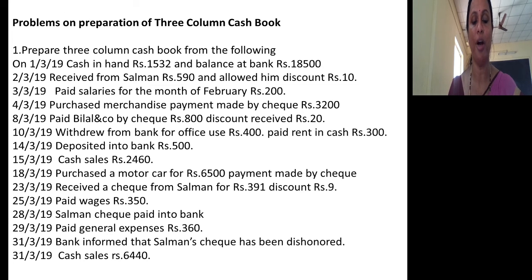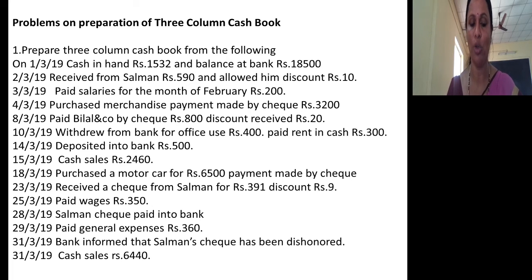Next, bank informed that Salman's check has been dishonored. As Salman's check has been dishonored, bank balance reduces. What Salman has to pay to the organization will increase. We had cancelled it by crediting Salman's account, now we have to debit. What's the journal entry?